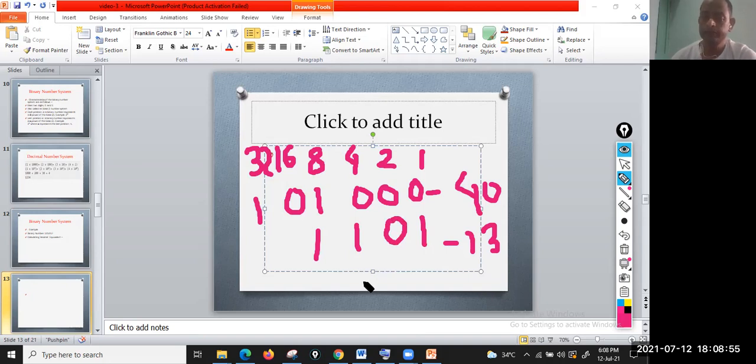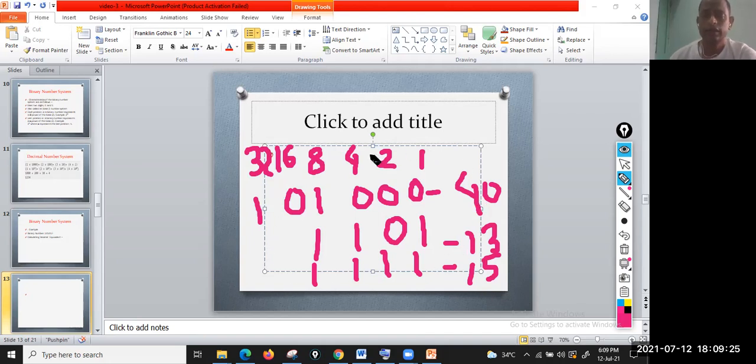How can we write down 15? 8 plus 4, 12. Can we take 2 more? Yes, 12 plus 2, 14, plus 1, 15. So all four places are 1: 1, 2, 4, 8. This way you can write any digit.